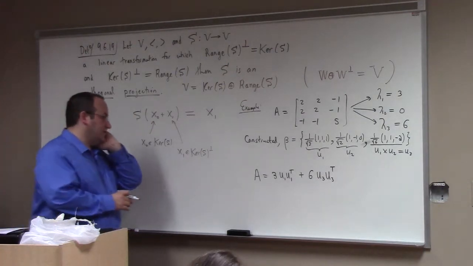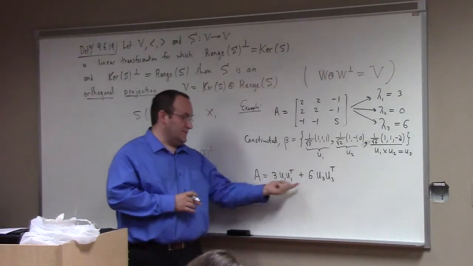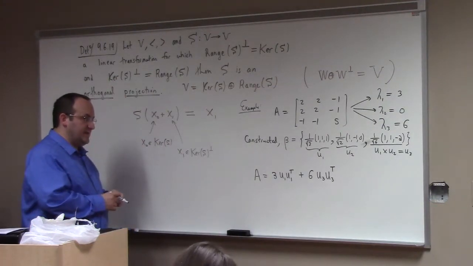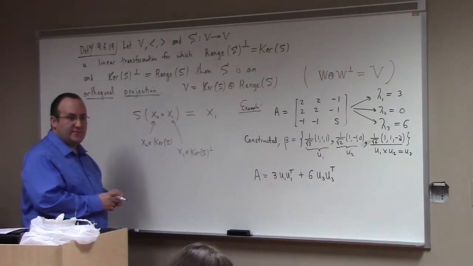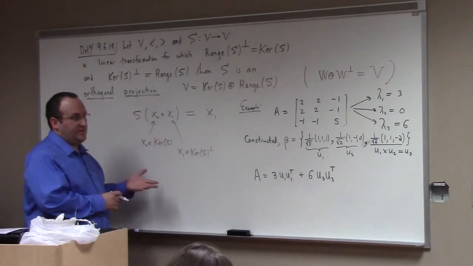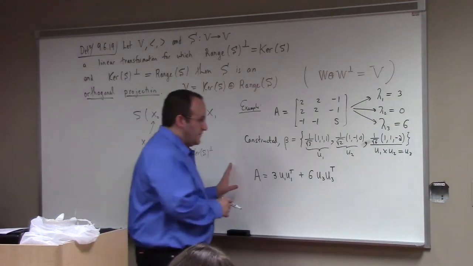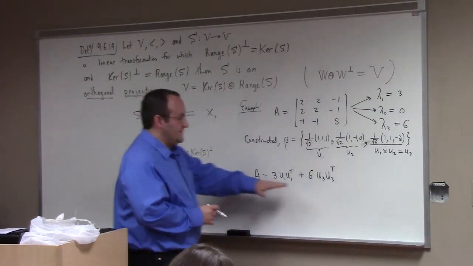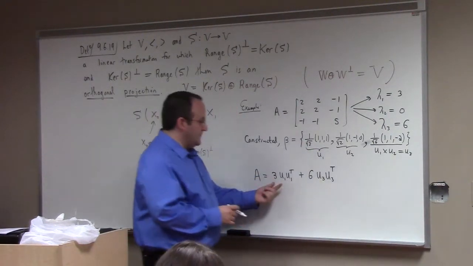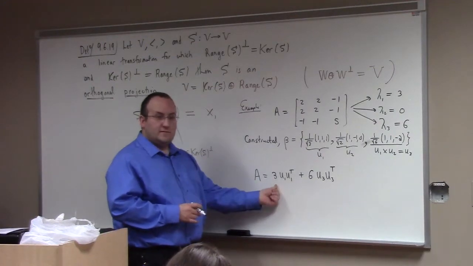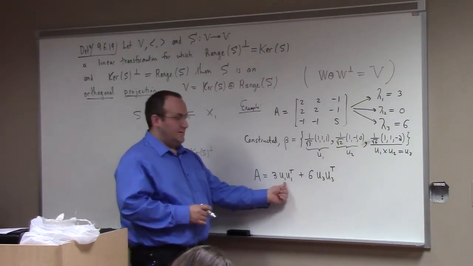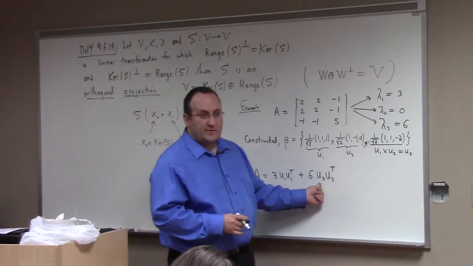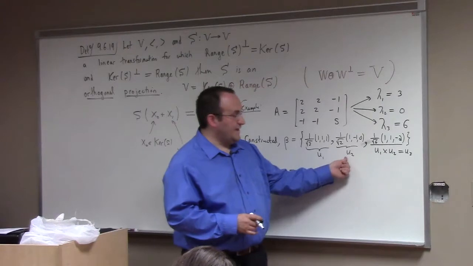You notice then, what's the missing link here? I don't have any U2 term, right? So there's 0 there. That's how I knew as soon as I wrote this down, and this works out to that. By construction it's going to have eigenvalue 3 with eigenvector U1, eigenvalue 6 with eigenvector U3, and eigenvalue 0 for the eigenvector U2.